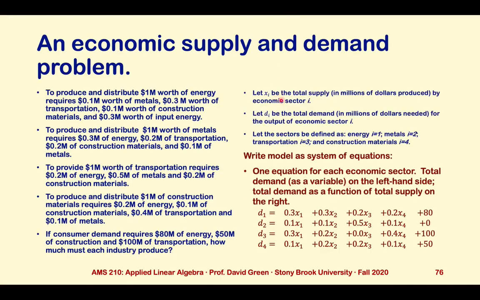Once we have variables, we can write out our system of equations. We're going to have one equation for every sector and write out the total demand as a variable, D1, D2, D3, D4, and so on.